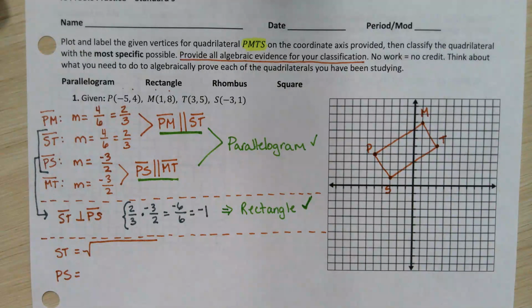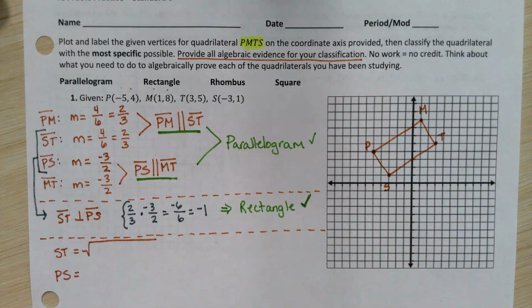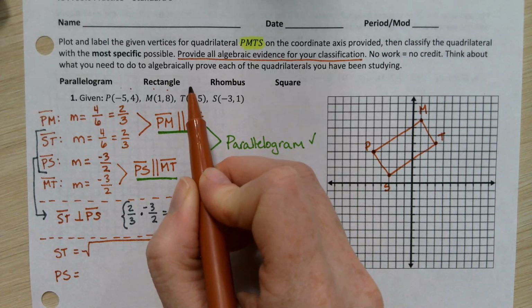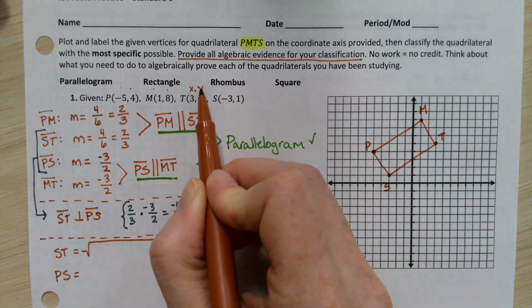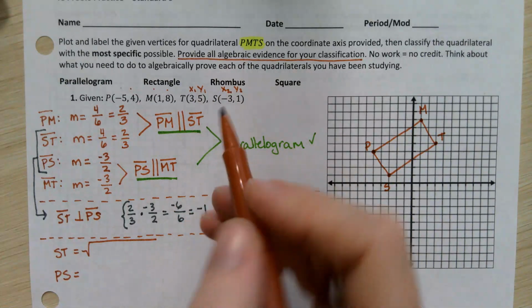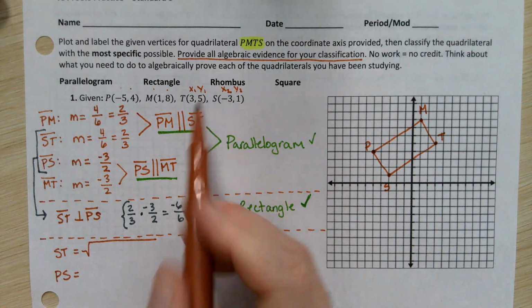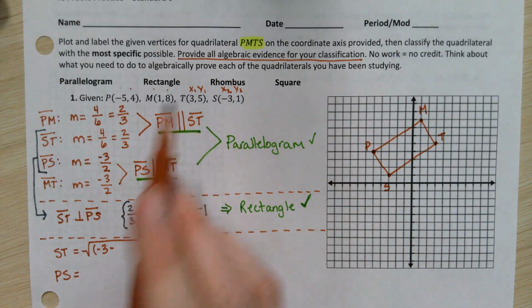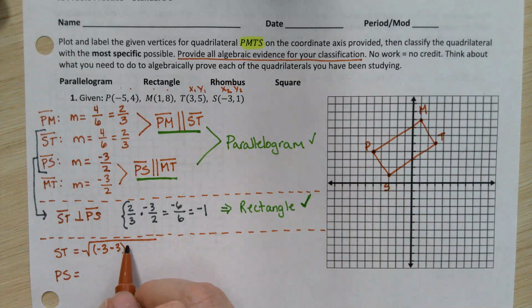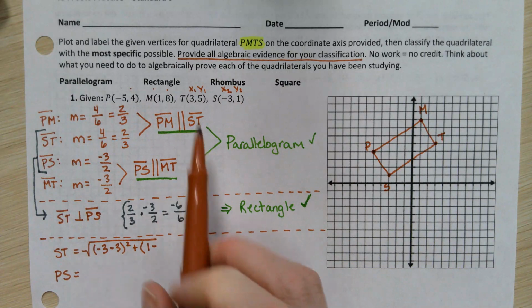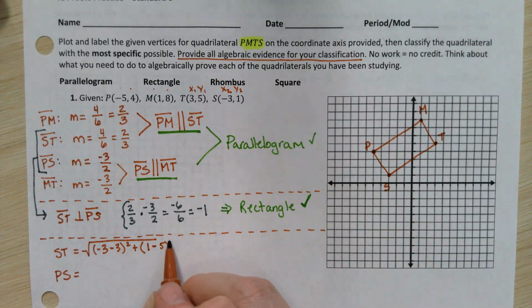Now, the official distance formula says that I need to take my x2, which if I'm focusing on S and T, I could go ahead and label these x1, y1, x2, y2. The official distance formula says to take your x2, which is -3, subtract your x1, which is +3, square that, and then add onto it y2, which is 1, minus y1, which is 5.